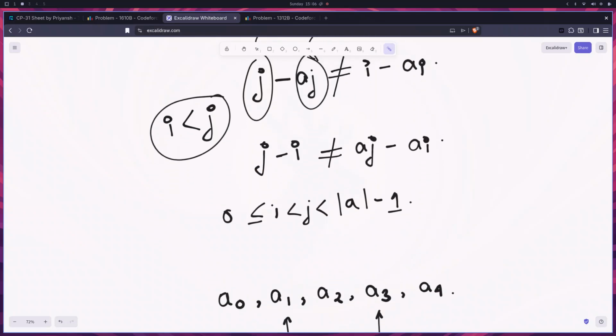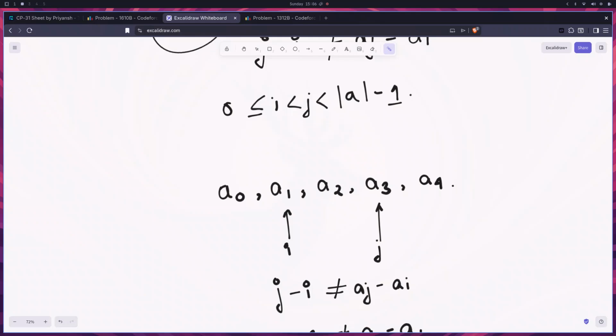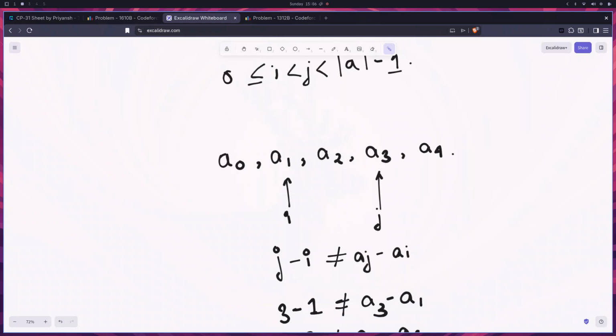Let's say we are given an array a1, a2, a3, a4, a5. The condition says that for all different indices, this should not be equal. For example, let i be equal to position index 1 and j equal to index 3.